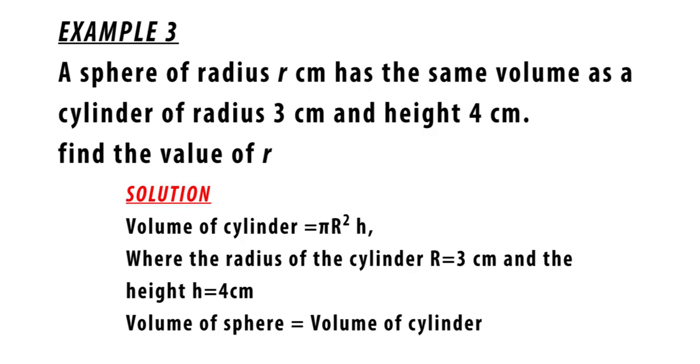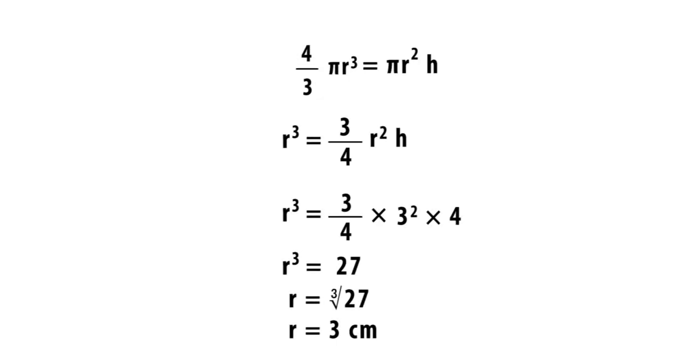We have been given the radius of the cylinder and the height of the cylinder, so we do the appropriate substitutions. That will give us 4/3 pi r cubed equals pi multiplied by 3 squared multiplied by 4. If you simplify this expression, I hope you can see that the pi will cancel out, and you have r cubed equals 3/4 multiplied by 3 squared multiplied by 4.